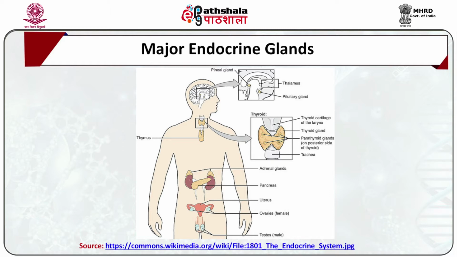The major endocrine glands of the vertebrates, as shown in the diagram, include the pituitary, thyroid, parathyroid, adrenal, pineal, and thymus glands. In addition, several organs and tissues which are not exclusively classified as endocrine glands but contain discrete areas of endocrine tissue, such as pancreas, gonads, and hypothalamus, are also present.